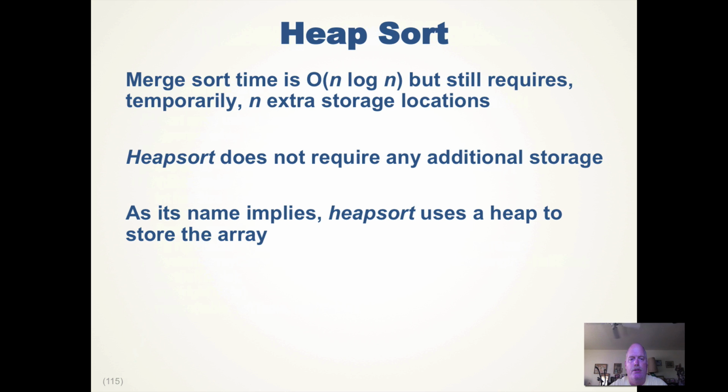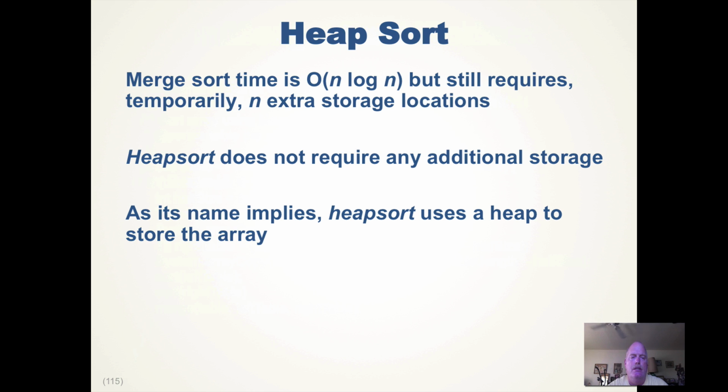The next type of sort is the heap sort, and it's trying to address the issue of having this extra storage allocation. We don't want to have to create all these extra array segments while we're doing the sort.